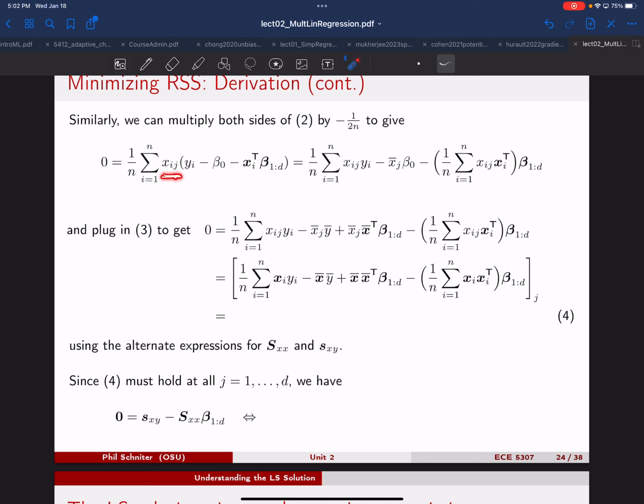I is going to index our samples, and j is going to index our features. So here we're fixing j, fixing feature j, but averaging over training samples. So that's going to give us x bar j, which is the sample average of our training data for feature j. Okay. And then finally, we're going to get this last expression, which is a bit more complicated.